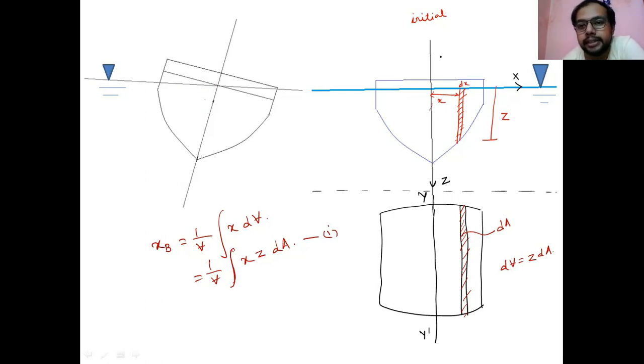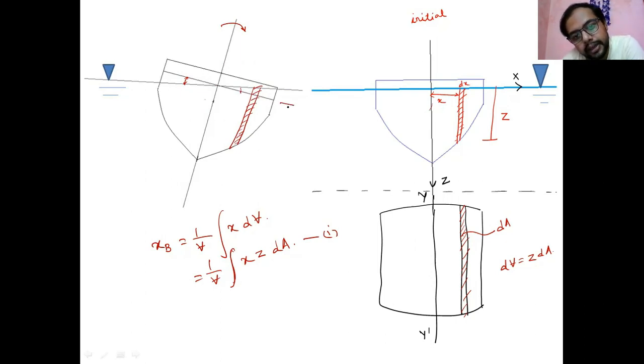Now you give one tilt here in this way. After giving the tilt, you see this portion is coming out of the water and this portion is coming in. Your consideration is that you previously took this element, and now it is inside the water.